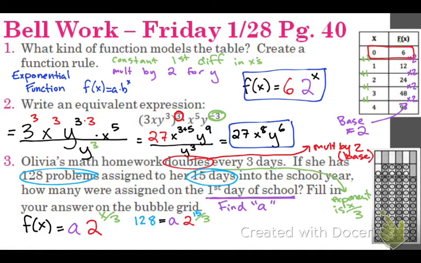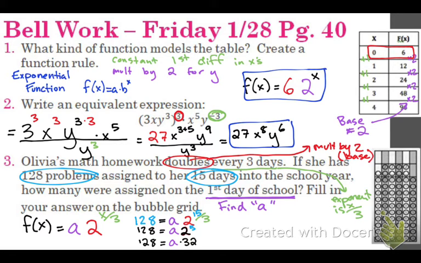What's 15 divided by 3? It's 5. Not a trick question, I promise. And do we know what 2 to the 5th is, either from our calculator or from our head? 32? Yeah, it's 32.